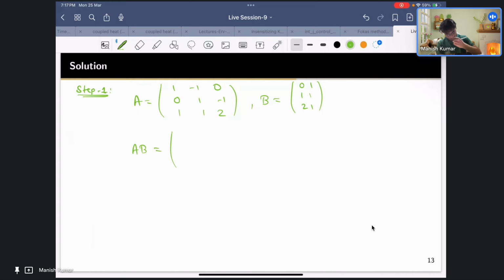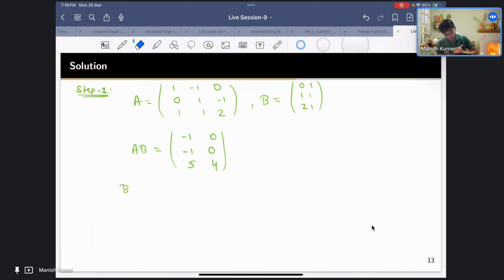AB is, first row, minus 1, 0, then minus 1, 0, then 5, and then you have 6. I hope I'm doing it correctly. Sorry, it would be 4. Okay, so this is AB.